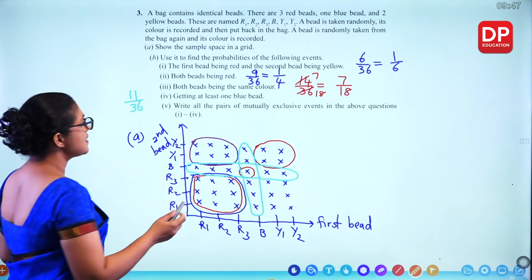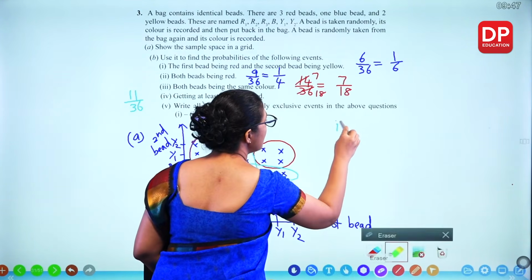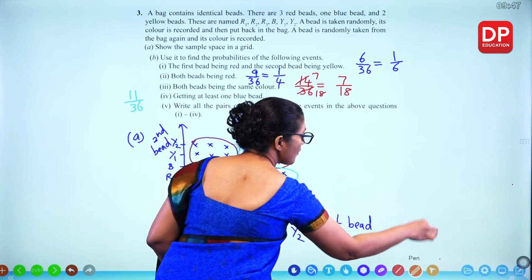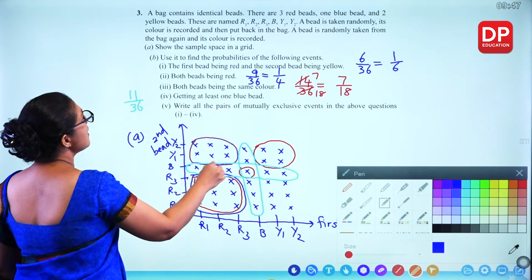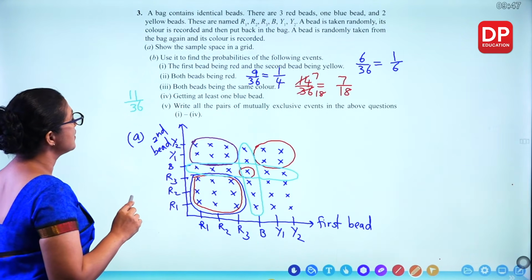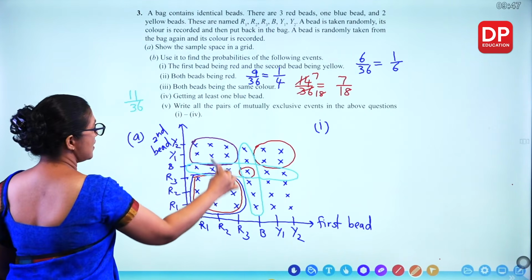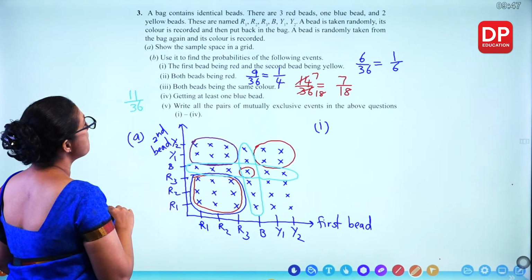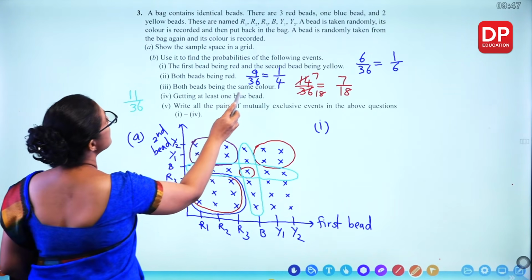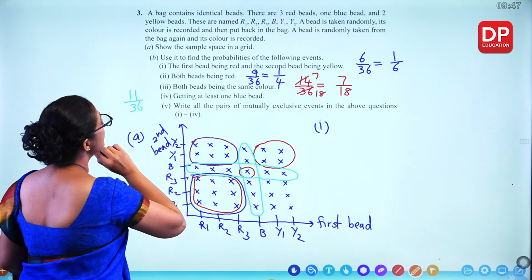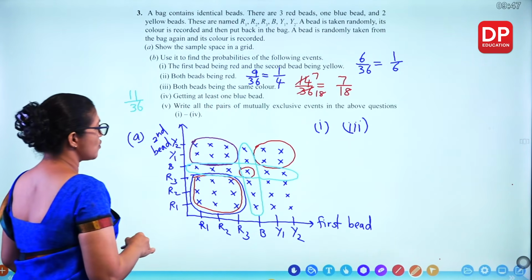So that means one with, I'll take this one. Pink color one is the first one. One with orange. Orange is third one. 1 with 3, mutually exclusive.